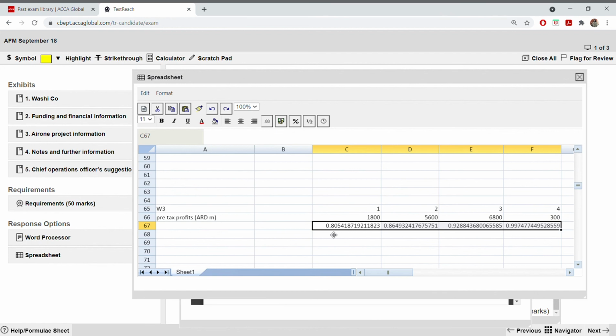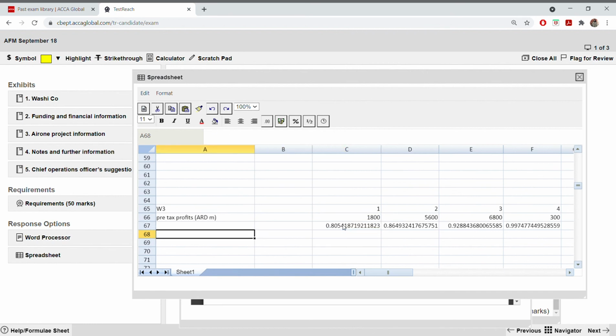Then now, what do you do to find the tax? Simply divide this by this rate, and then multiply by 0.15 because tax, and drag it to the other cells.